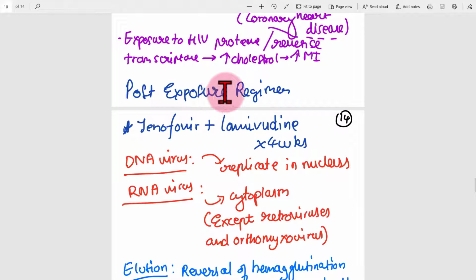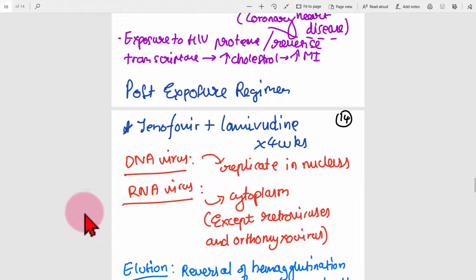Moving on to the post-exposure regimen, tenofovir and lamivudine are given for 4 weeks, and this is WHO approved. Moving to the DNA virus, it replicates in the nucleus. And talking about RNA virus, in general, it replicates in the cytoplasm except the retrovirus and the orthomyxovirus.